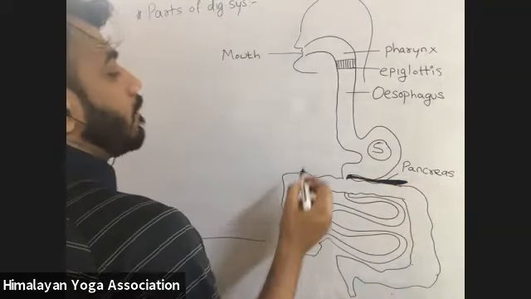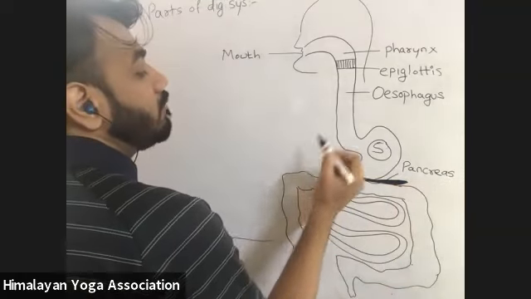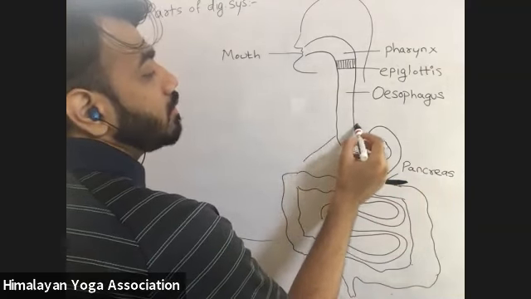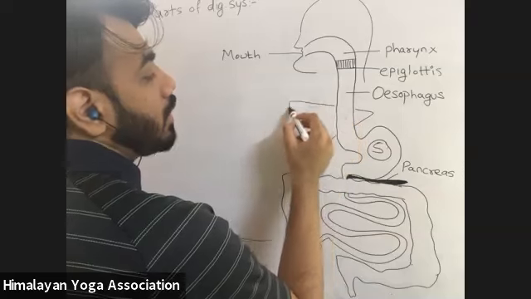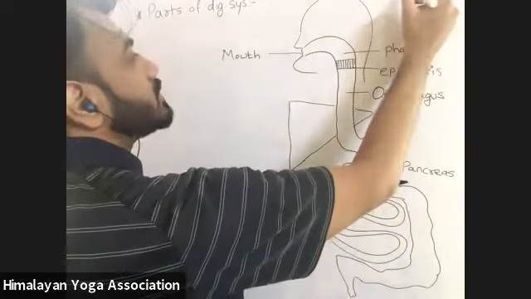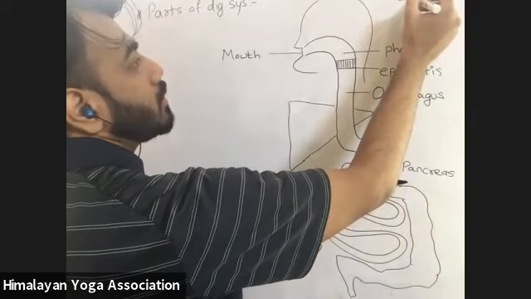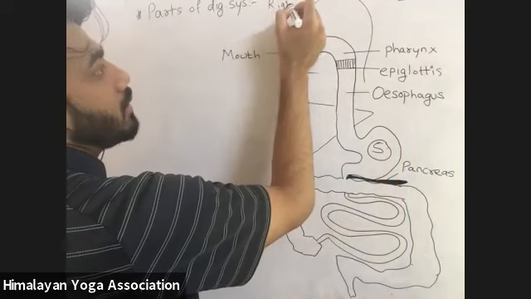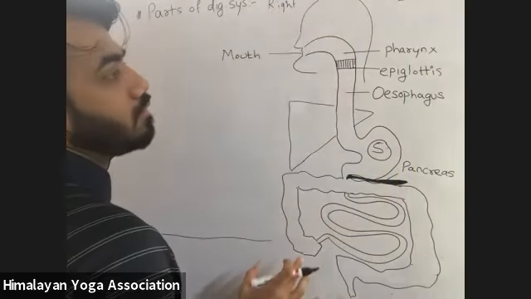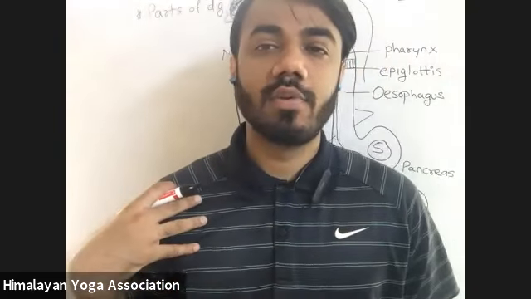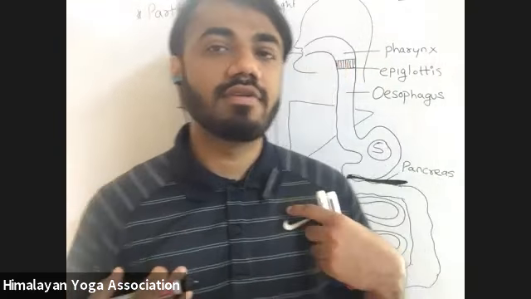And we have the liver and the gallbladder as well, which we can draw on the right side of our body. So here is the left side. This one is the right side of the human body. When we face like this, this is our right side, this is our left side.